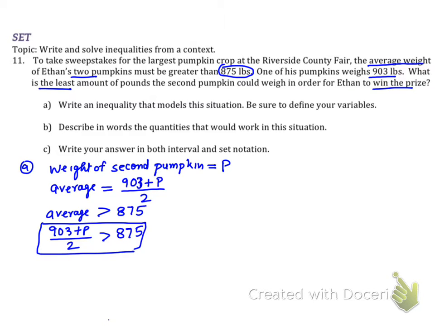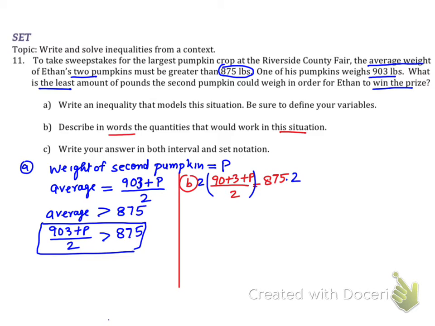B says describe in words the quantities that would work in this situation. So what could be different quantities for this, like how much the pumpkin should weigh? It means I have to solve the inequality (903 plus P) over 2 is greater than 875. What I would do is multiply both sides by 2 in order to solve this inequality.